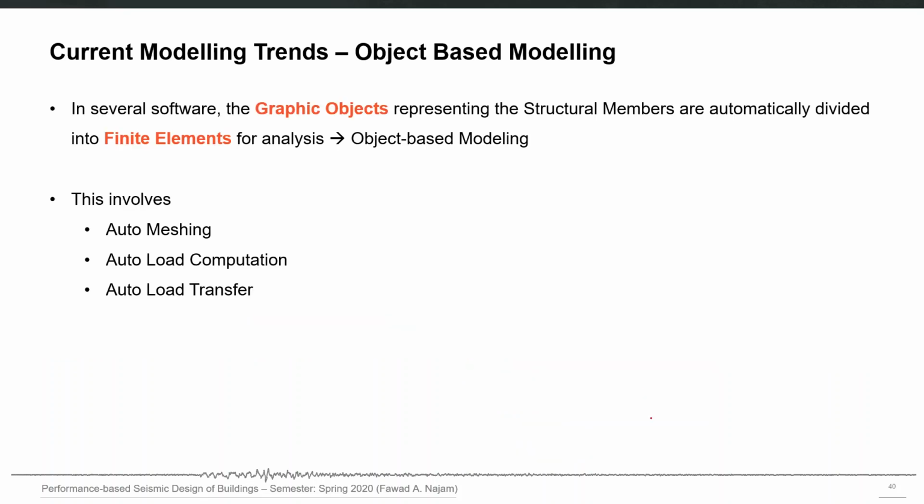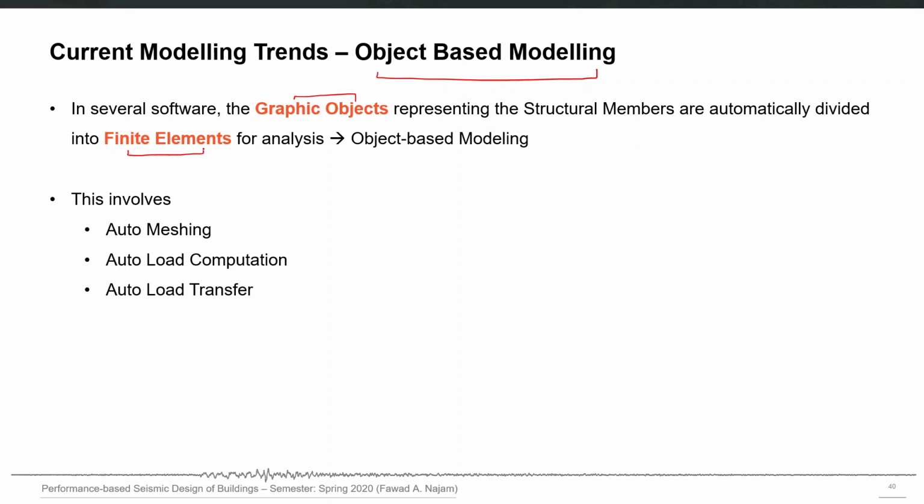So one important current modeling trend, which is also implemented in CSI ETABS and which you should know now, is object-based modeling. In several software, the graphic objects representing the structural members are automatically divided into finite elements.